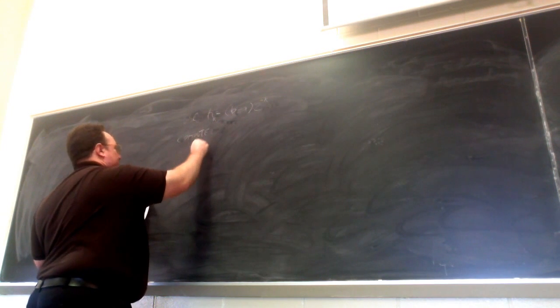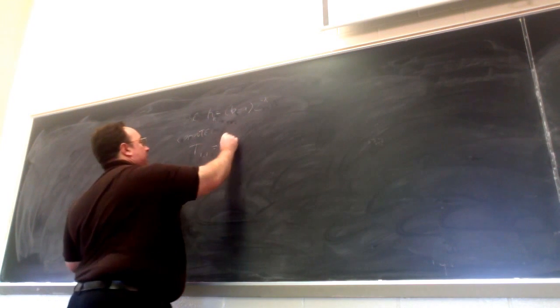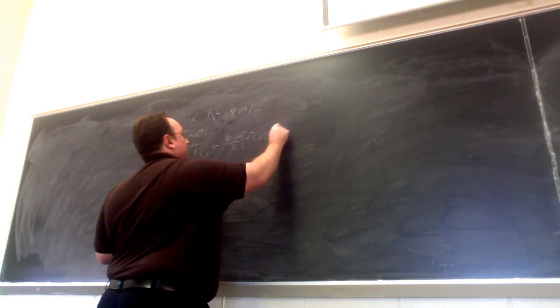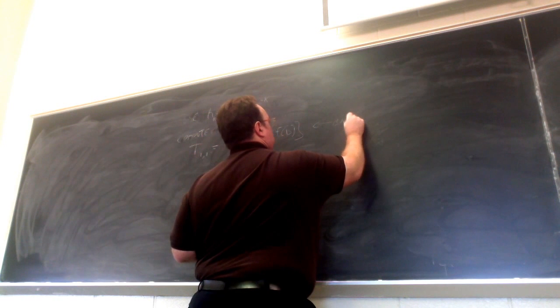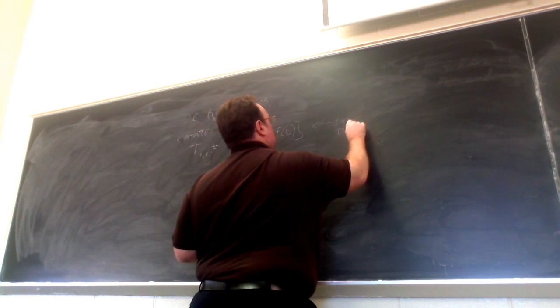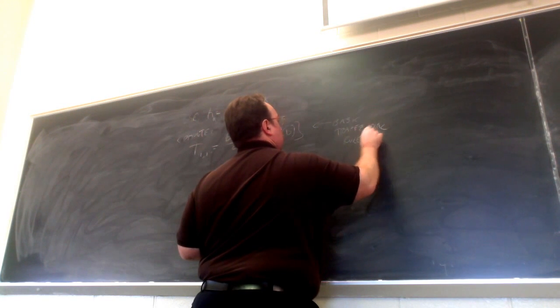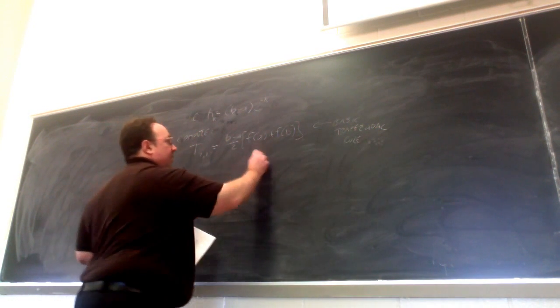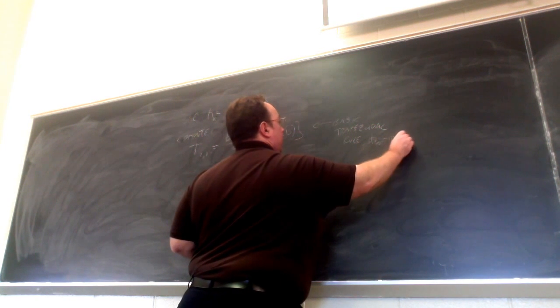My first approximation I'll call T11, and that's just the basic trapezoidal rule. So this is with spacing h naught, which is this b minus a.